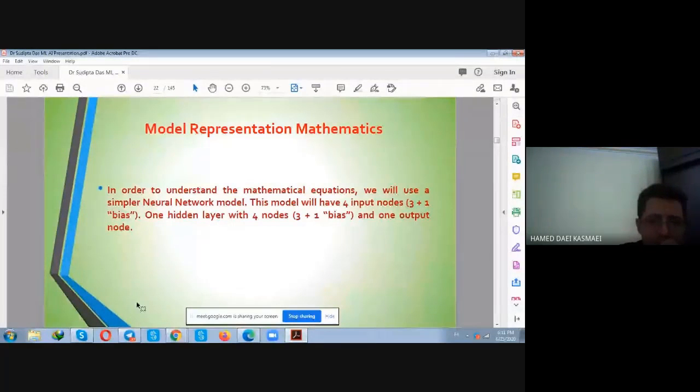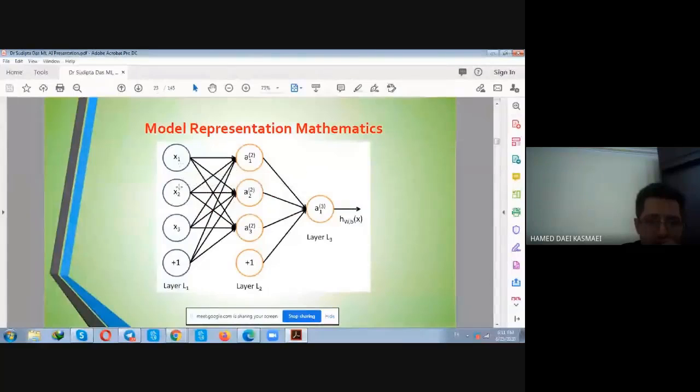So you will see here x1, x2, x3, and +1 as the bias, a predefined node. Here is layer 2, the hidden layer. Here is layer 3, and you have here the function h of W, b, x that you have defined based on the previous things.